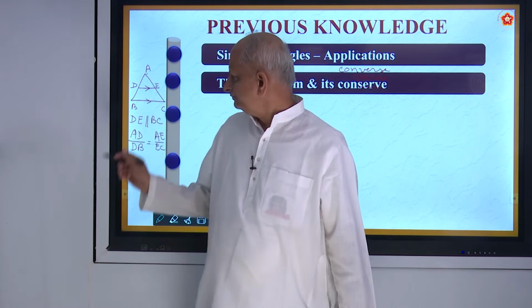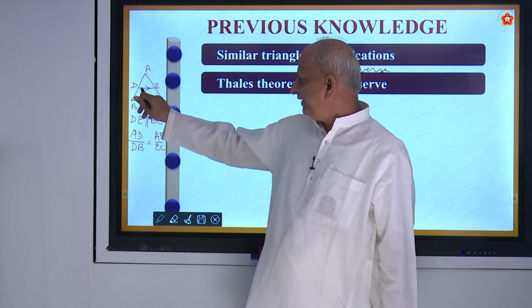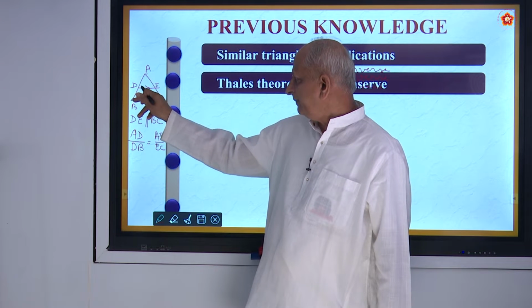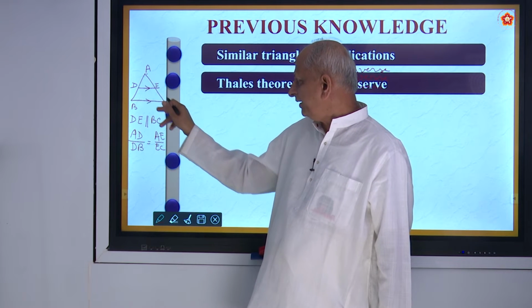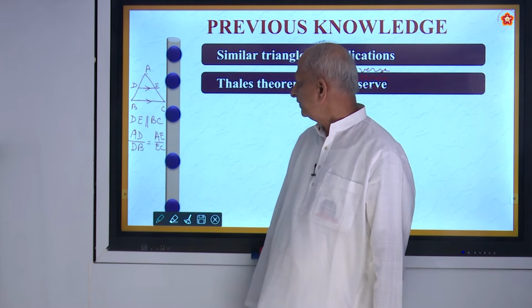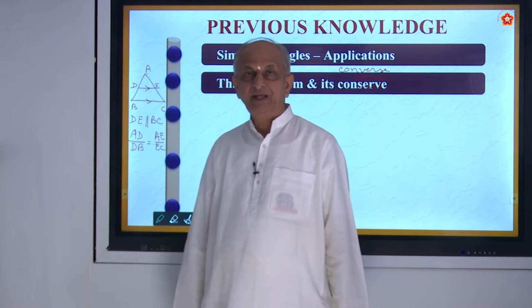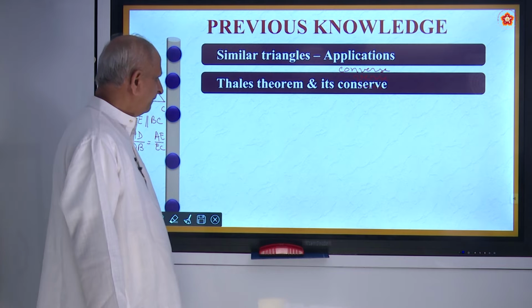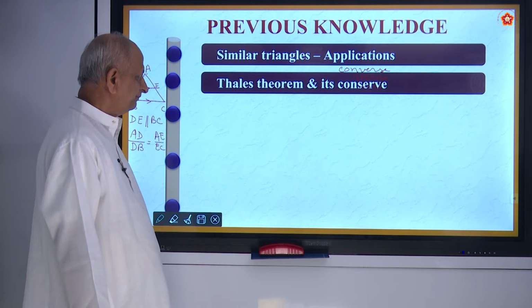Are you following it? If DE is drawn parallel to BC, then AD by DB is equal to AE by EC. That is what is called as Thales theorem or basic proportionality theorem.